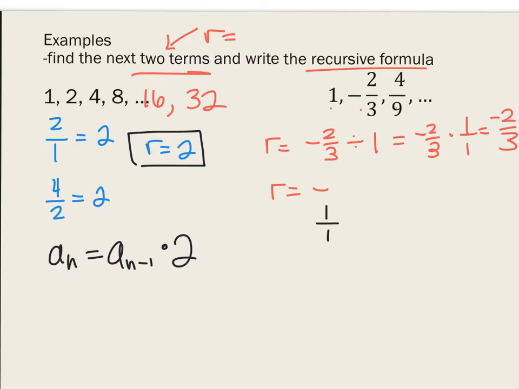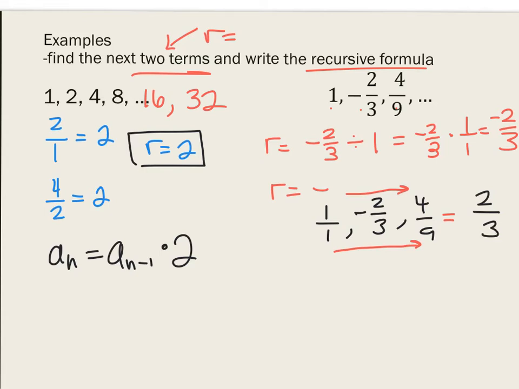My sequence progresses like this: 1 over 1, 2 over 3, 4 over 9. I can look at how I'm multiplying in my numerator and how I'm multiplying in my denominator, and that will help me also set up r. So if I look at this, 1 times 2 times 4, that would be multiplying by 2 every time. 1 times 3 times 3 again would give me 2/3.